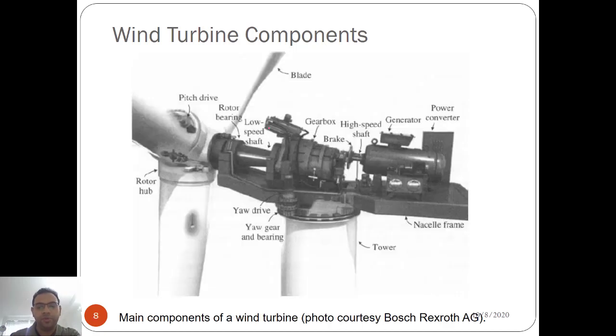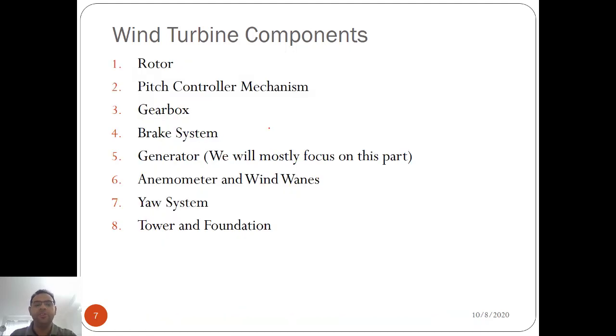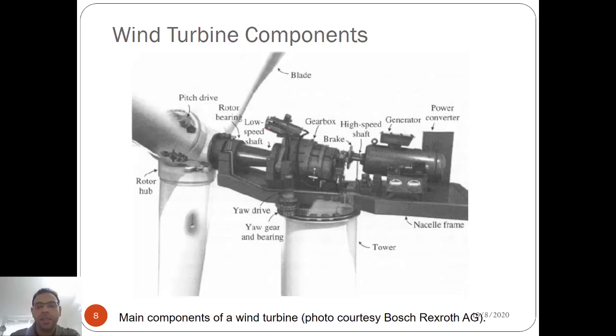So before going into the details, I would like to show you a general overview of how a wind turbine system looks like. All the components that I discussed in the previous slide, here you can see them in pictorial form as well. And this is a Bosch wind turbine, whose picture you can see over here.